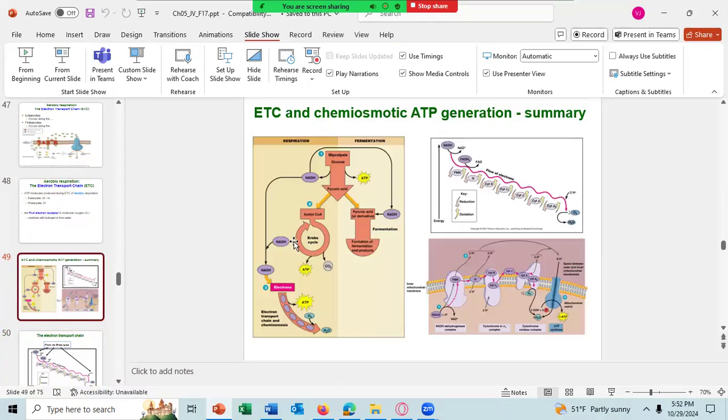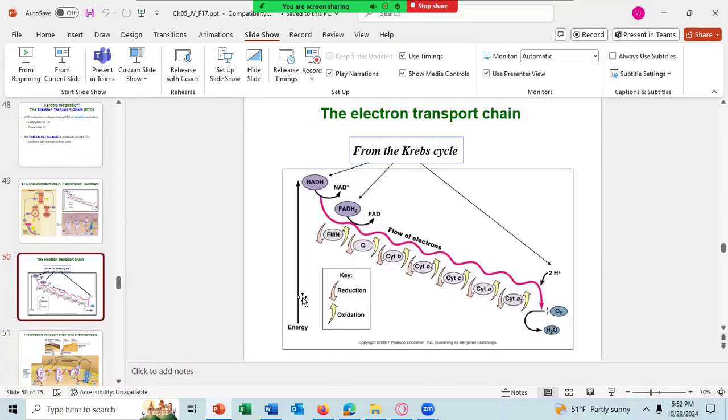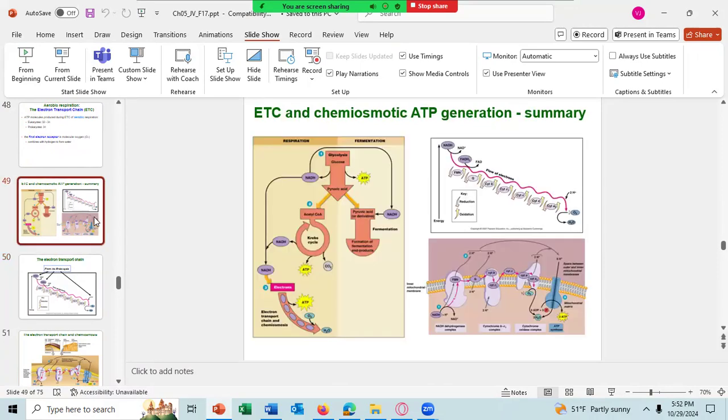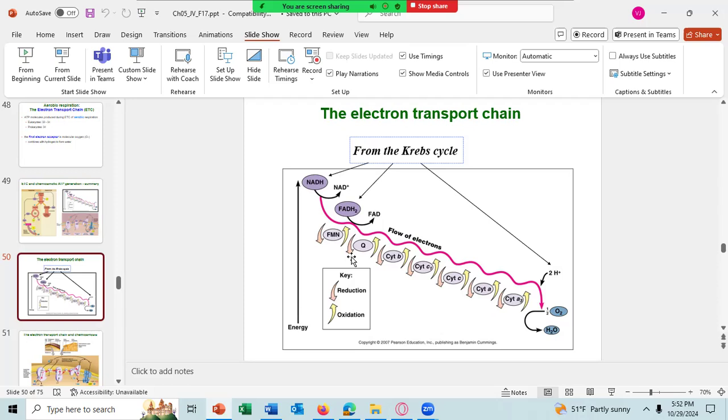So this is showing you the electron transport chain in greater detail. Let me go to the next slide. This is showing you, well, let's go back here. Glycolysis right here. And then the Krebs cycle and the preparatory step, which isn't quite shown, it's before this. The Krebs cycle.